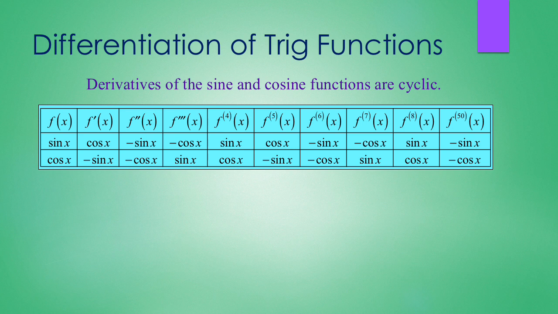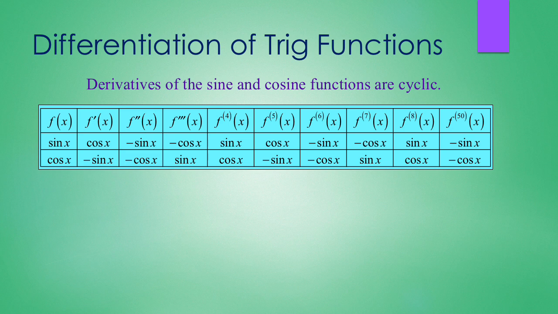So the fifth derivative is cosine of x, the sixth derivative is negative sine of x, the seventh derivative is negative cosine of x, and the eighth derivative is sine of x. So the cycle repeats every 4. So the 50th derivative is the same as the second derivative, which is negative sine of x.